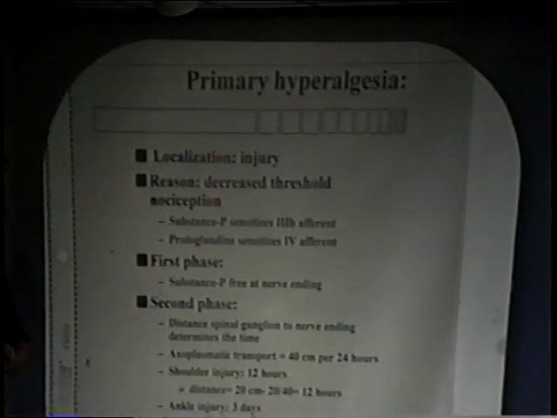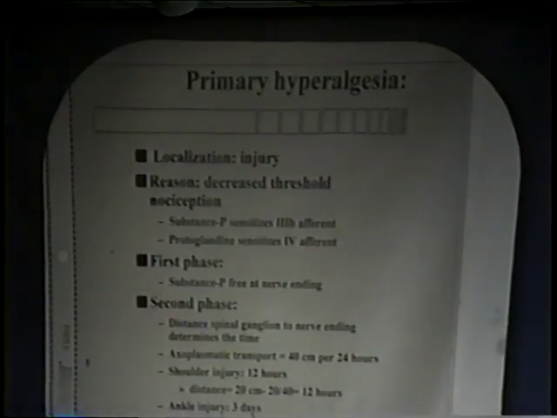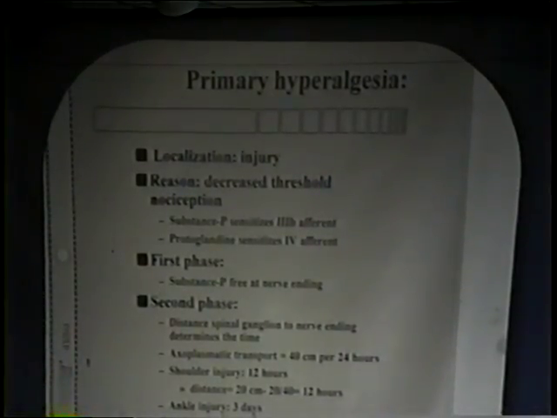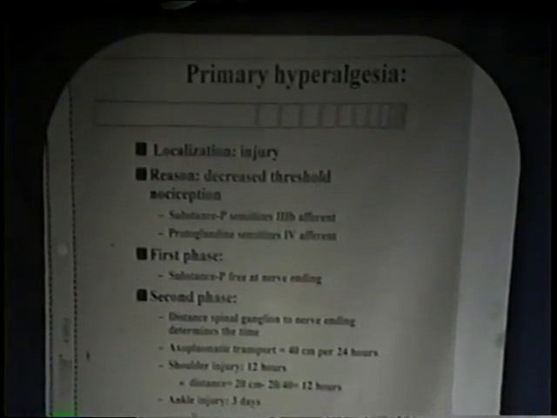The distance determines the time. So the distance between the spinal ganglion and the injury site. Axoplasmic transport, as we have seen, is 40 centimeters per 24 hours. So for example, if we have a shoulder injury, it will take 12 hours.